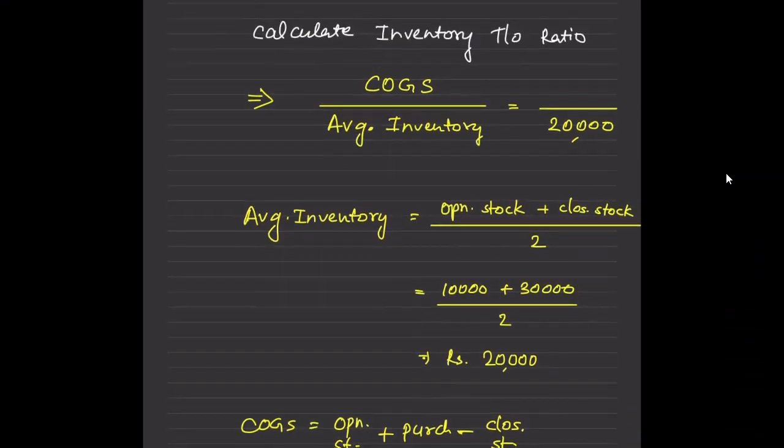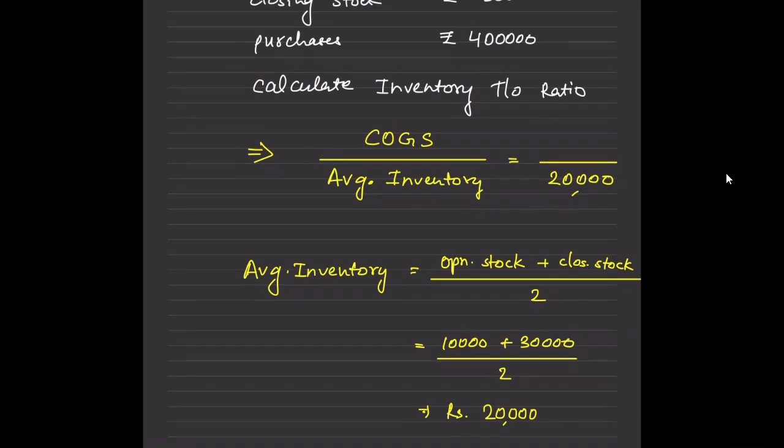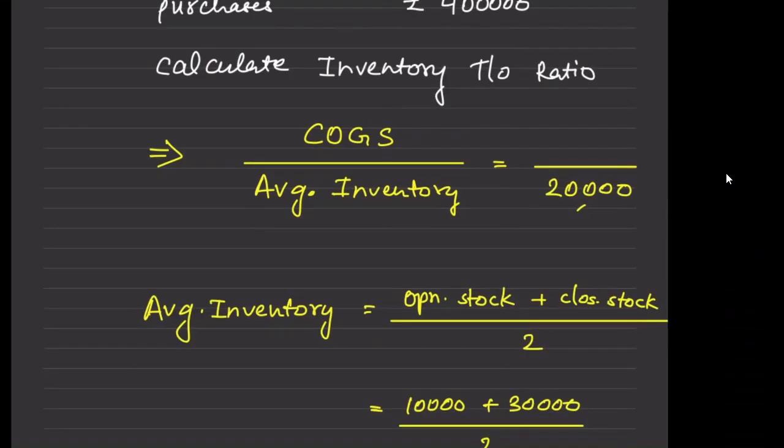Now you can see I have got the COGS, and I can put it into the numerator. So 3 lakh 80,000 divided by 20,000 would give me, my friend, 19 times. The answer is in times.